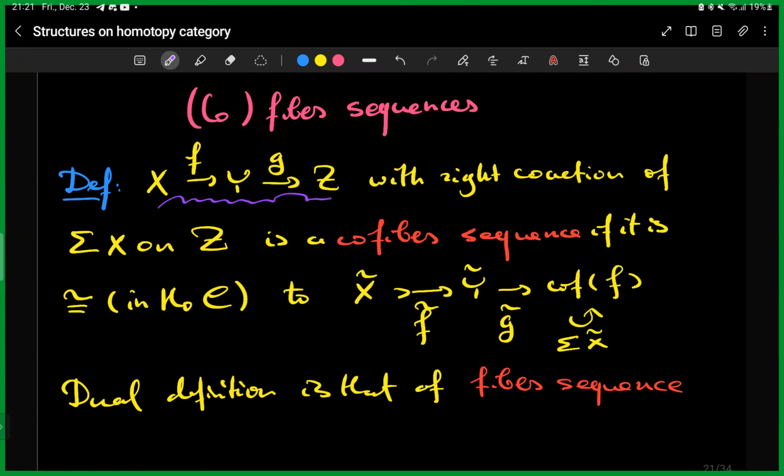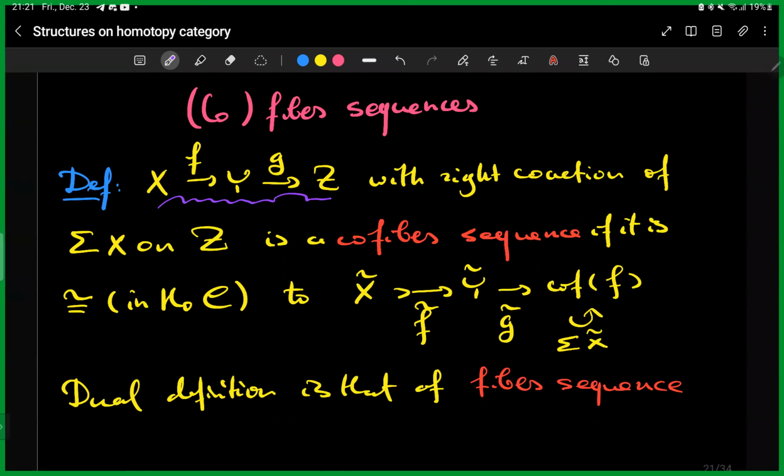So we say that such a diagram where we have this coaction is a cofiber sequence if it is isomorphic in the homotopy category to the standard diagram where we have a cofibration, its cofiber, and the standard action of the suspension of this X tilde, which we defined earlier.